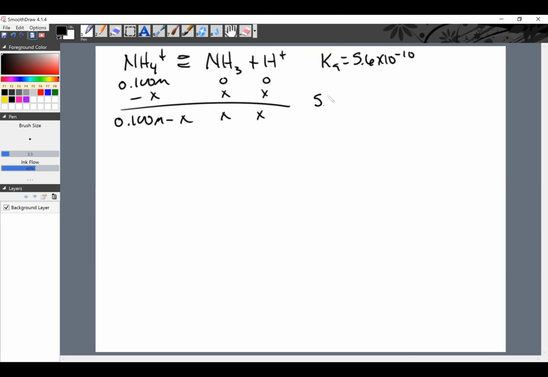All right, so 5.6 times 10 to the minus 10th is equal to x squared over 0.1 minus x. I'm going to ignore x. And 7.5 times 10 to the minus 6th. Let's check it.